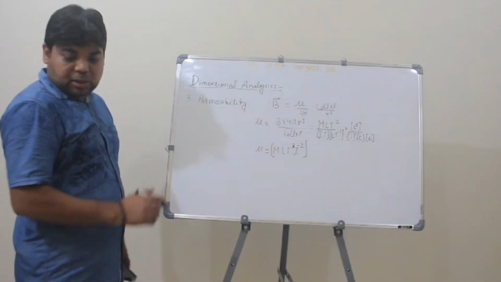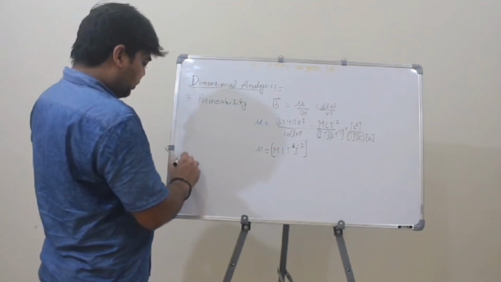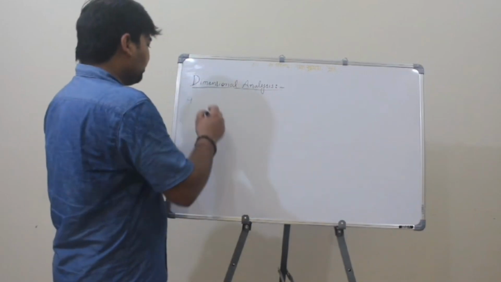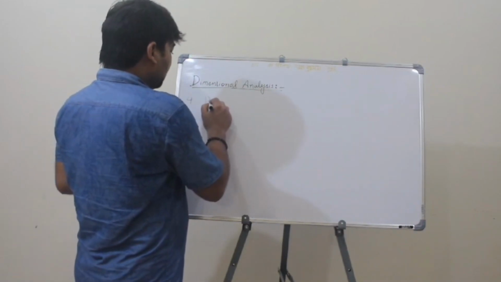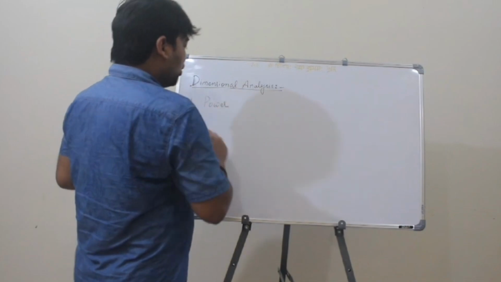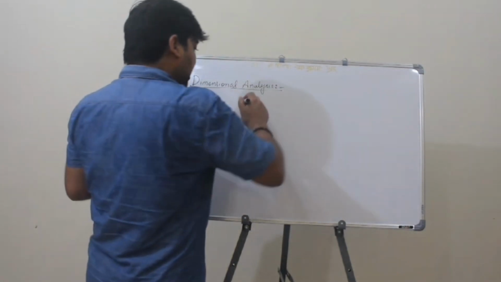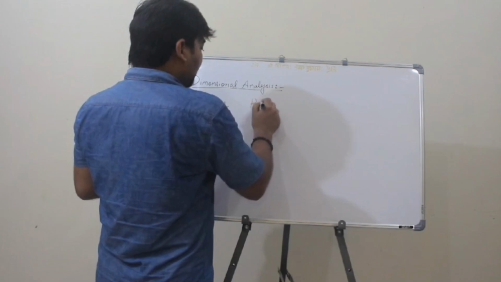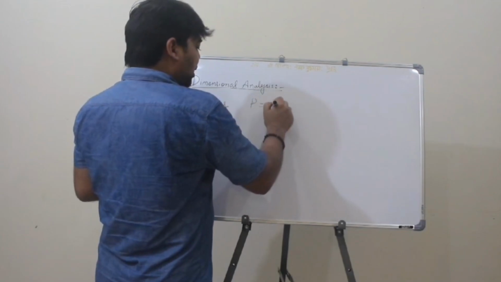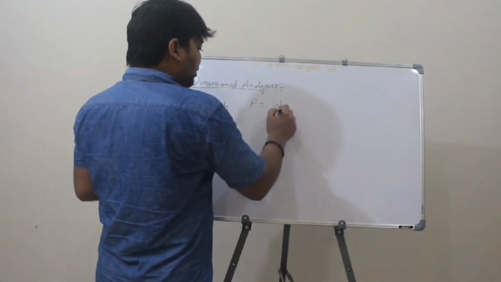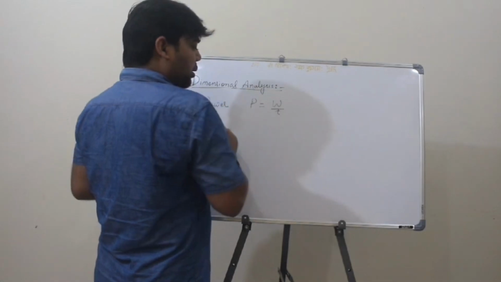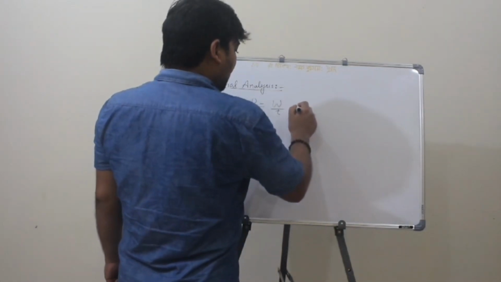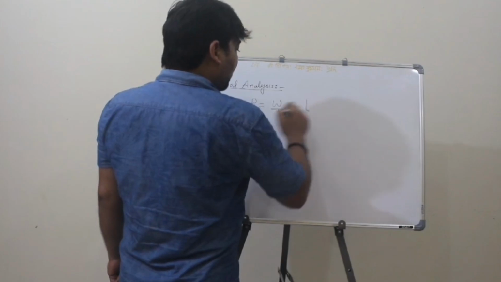Now let us go to another quantity, power. Now let us calculate the dimensional formula of power. So power is defined as work done per unit time, and it has a unit of watt. So power, if you are representing it by P, is defined as W, which is work done, divided by T, which is time taken. So what is the dimensional formula of work done?